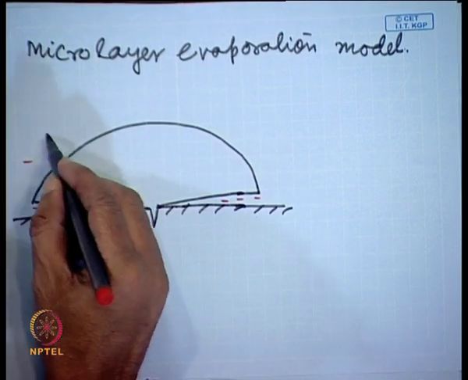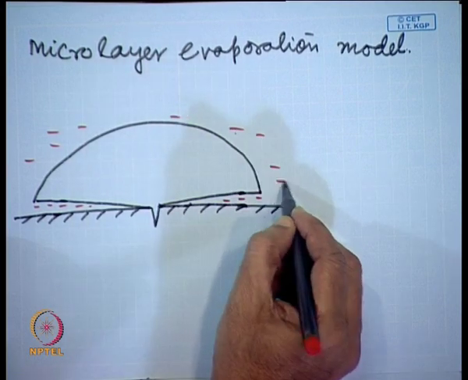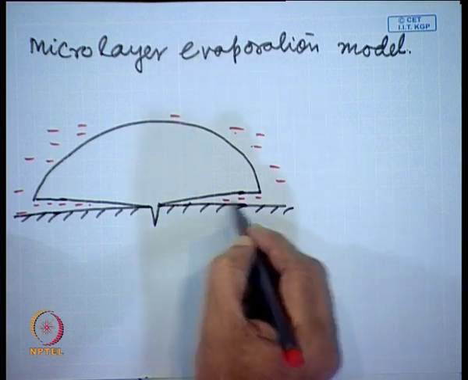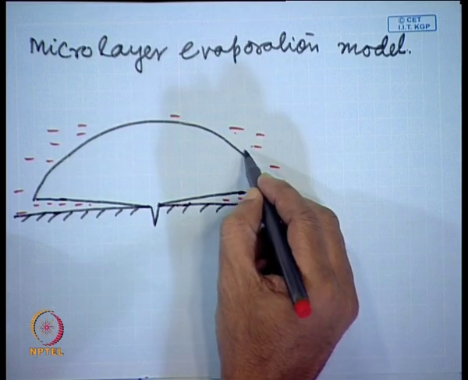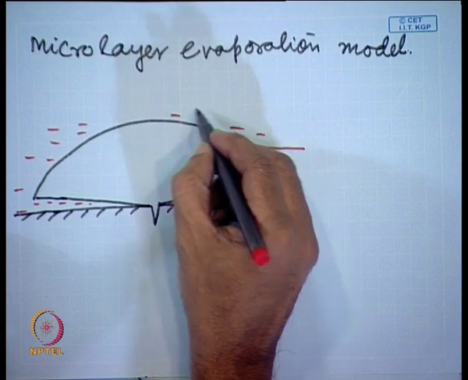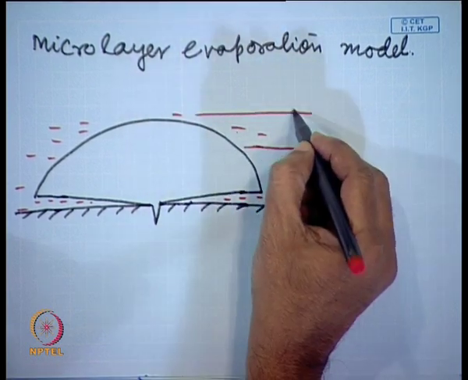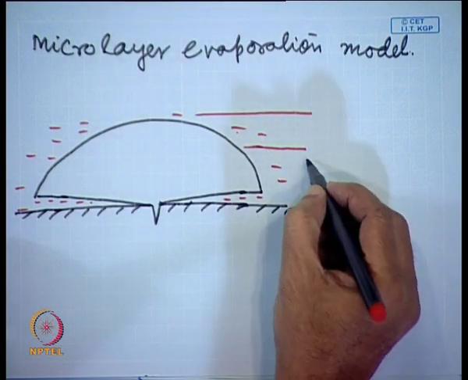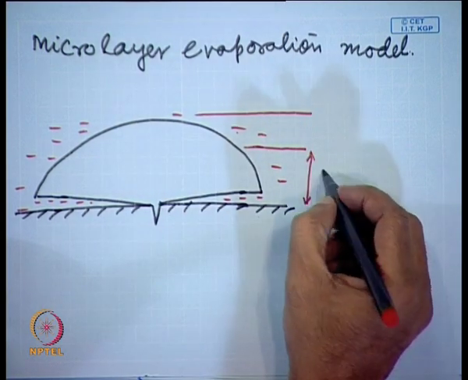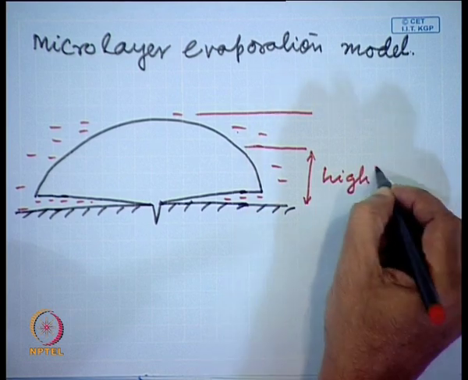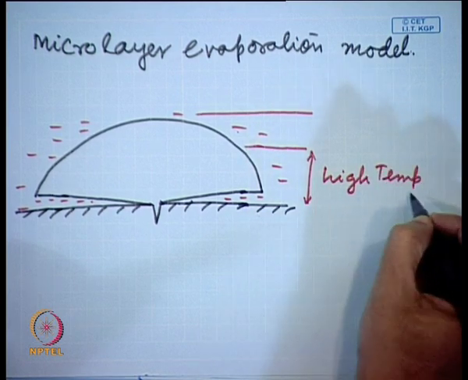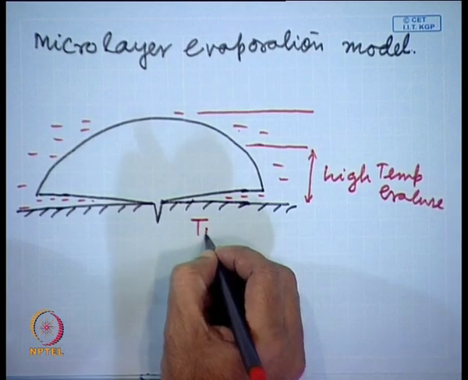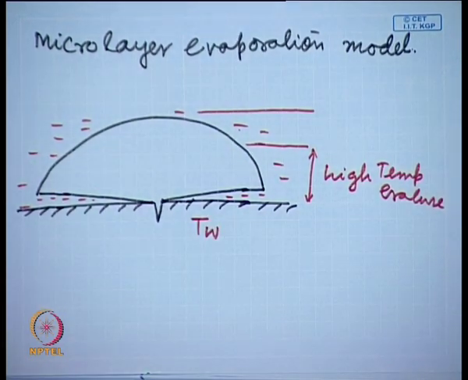but the liquid here, near the vapor base or up to this point, depending on the size of the vapor bubble, is at high temperature. And here of course, T wall is the highest temperature.